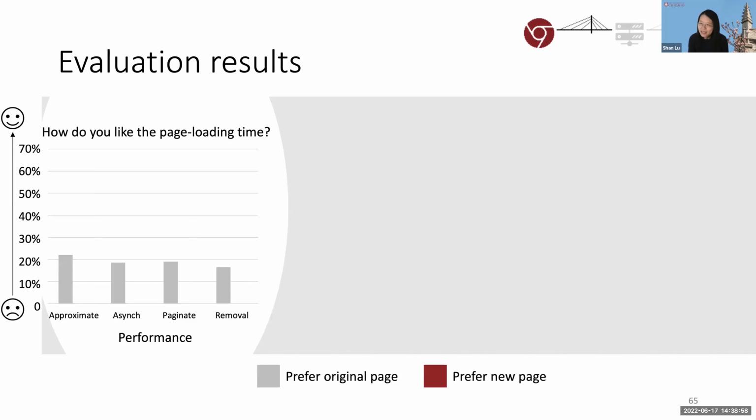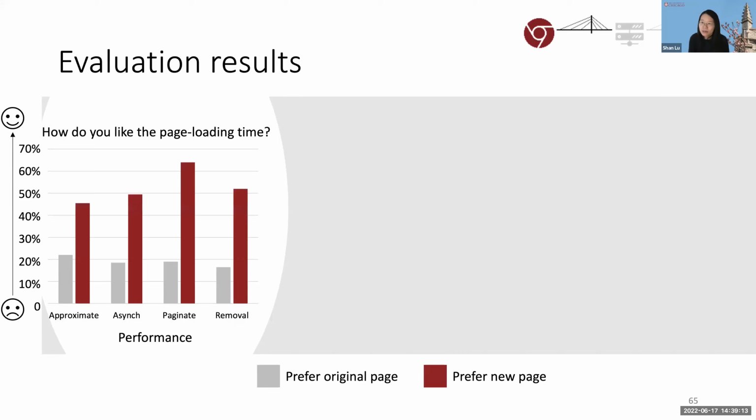People's feeling is very different from our computer's measurement. In our measurement, we know that the new page we generate always loads faster. Humans do not necessarily feel that way. But at least in the majority of the time, they do feel that the page generated or changed by us loads faster.